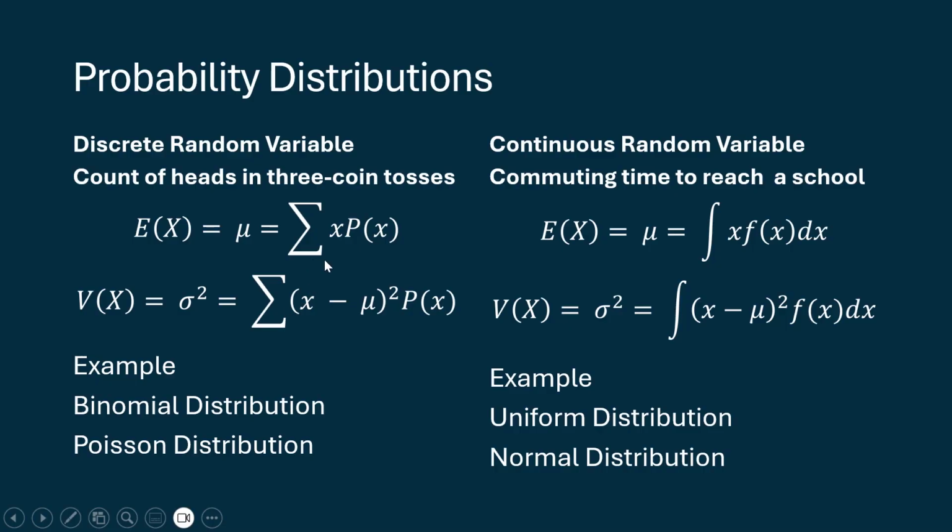It is given by e to the power minus lambda times lambda to the power x divided by x factorial. Now, lambda is a parameter of Poisson distribution where the mean and the standard deviation are both equal to it.